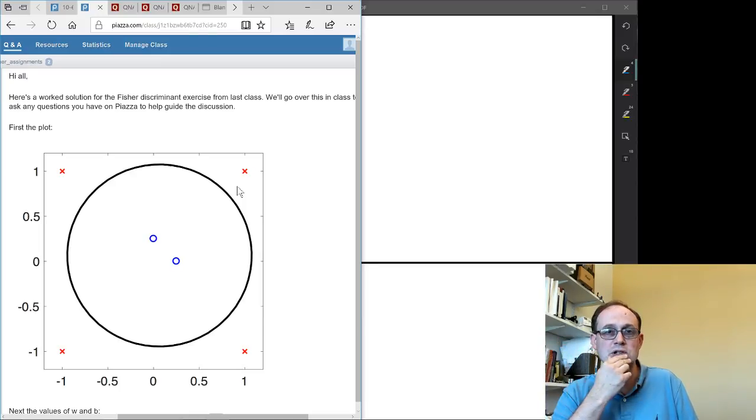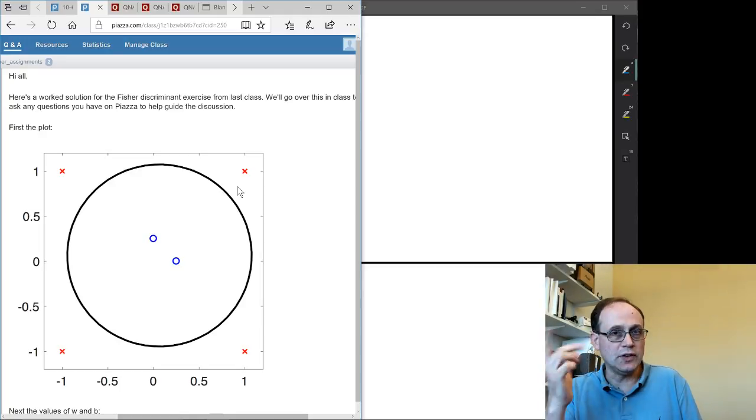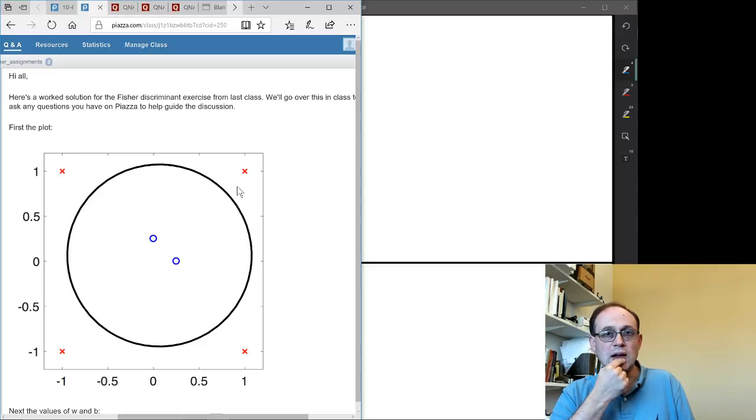The solutions to quadratic equations are always either circles, ellipses, parabolas, or hyperbolas, and depending on the structure of the coefficients, you can tell which one's going to be which. So you can sketch this by hand if you like, or we provide some code to make this plot here.